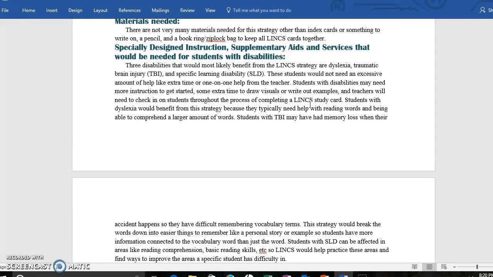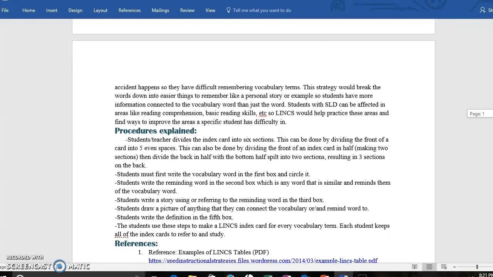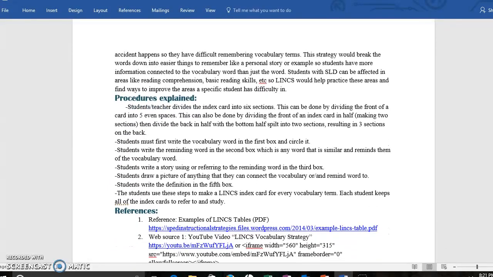Students with dyslexia would benefit from this strategy because they typically need a little more help with reading words and being able to comprehend a large amount of words because they see it and understand it differently. Students with traumatic brain injury may have had memory loss when their accident happened, so they have difficulty remembering vocabulary terms.